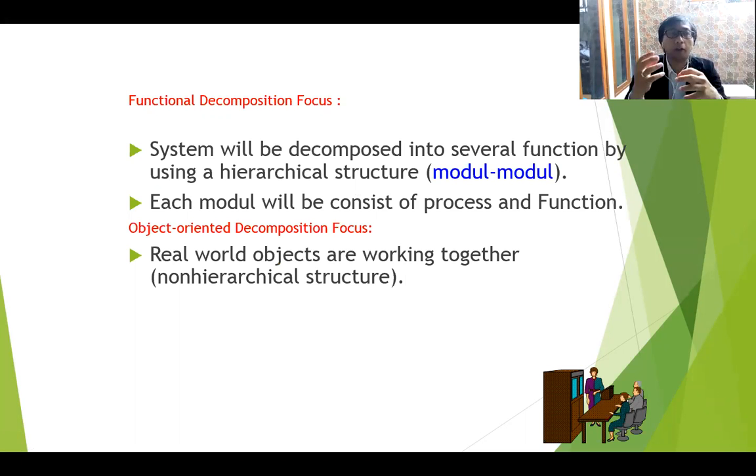So in object-oriented, there is a hierarchy, but not an explicit hierarchy like in functional decomposition. The structure of the application is not hierarchical. It means that object A only communicates with other objects and so on.